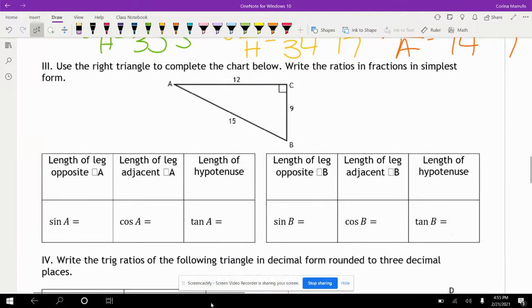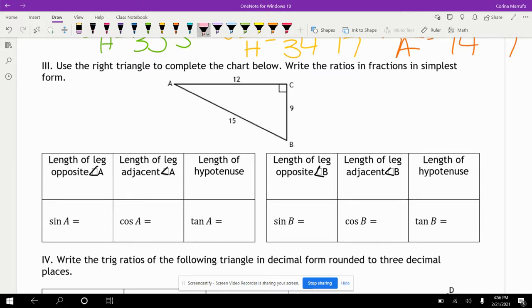Okay, so here it says, use the right triangle to complete the chart below. Write the ratios as fractions in simplest form. Sorry, this little box here is supposed to be an angle, but I guess it didn't read the file correctly, so I just left it blank. Okay. So here it says length of the leg opposite from angle A. If we look at angle A, the opposite is going to be 9.